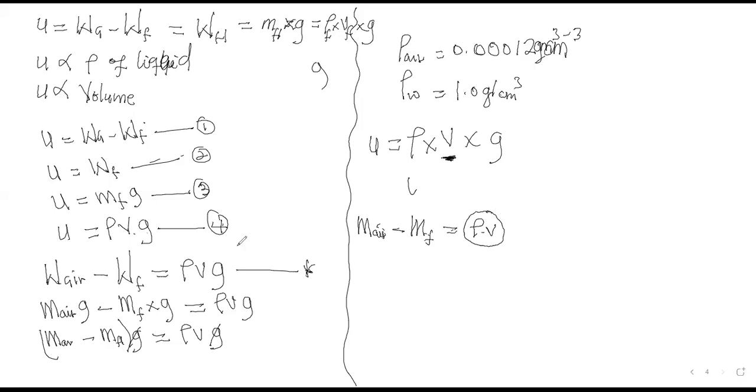Okay. So we also have mass in air minus mass in fluid also equal to mass of fluid displaced. We can break upthrust down to this as well. So take notes.